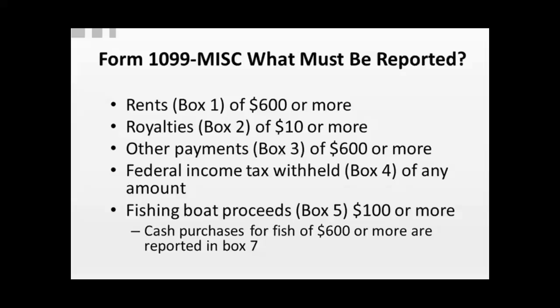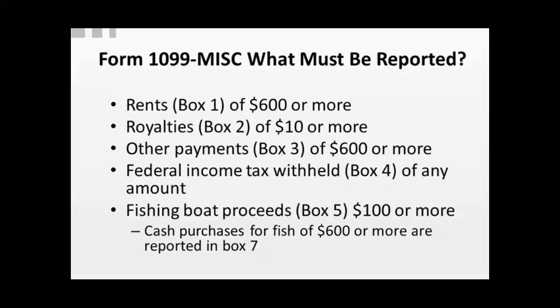Federal income tax withheld, of any amount. So if you did backup withholding before getting a tax ID number, because they didn't provide you with the information you needed, you backup withheld. According to the rules, you deposited the money.